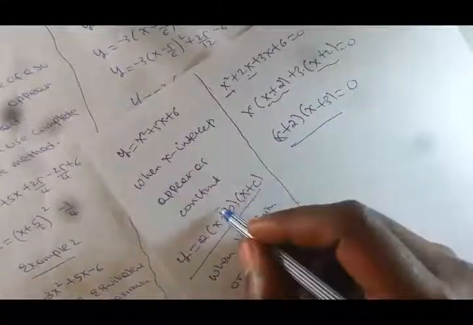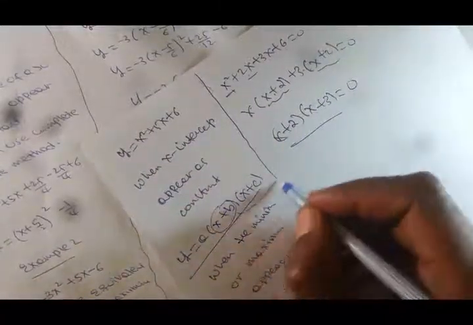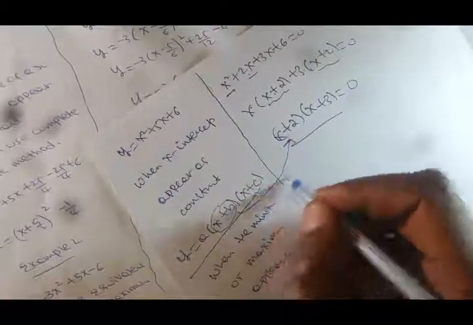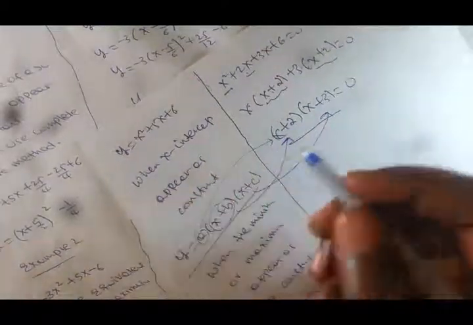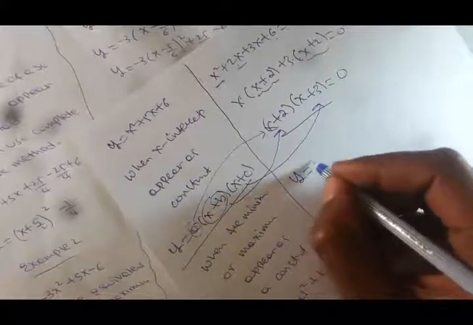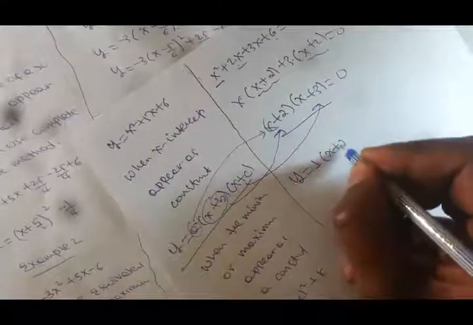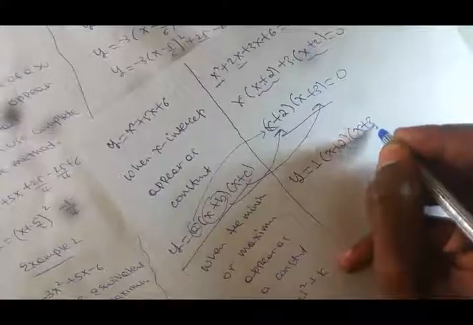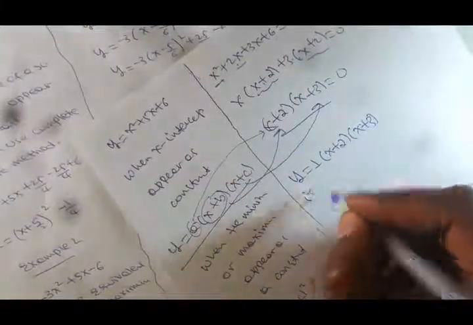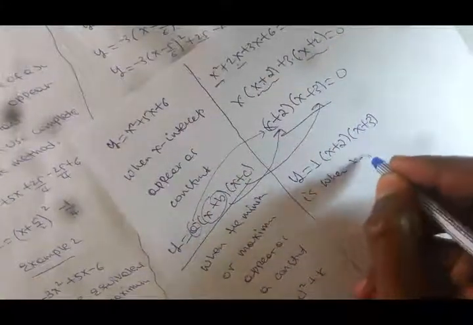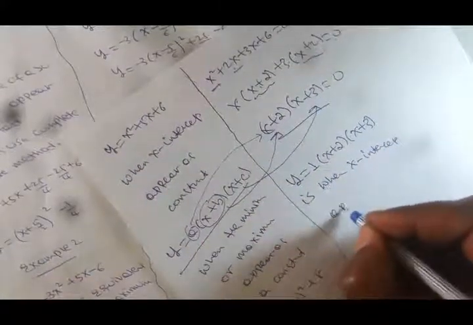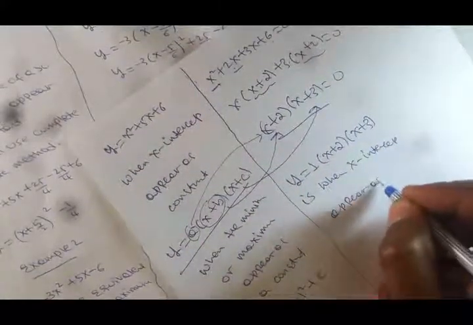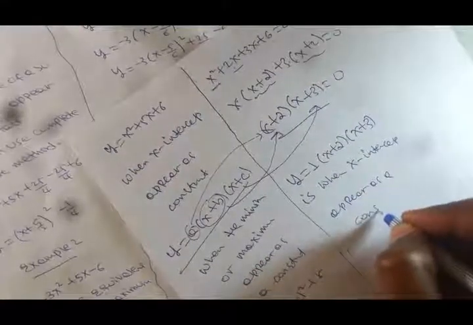From this equation we know that x plus p is equivalent to this, x plus c is equivalent to this, and the value of a is the coefficient of x square. Therefore y is equals to 1 times x plus 2 times x plus 3 when x-intercept appear as a constant.